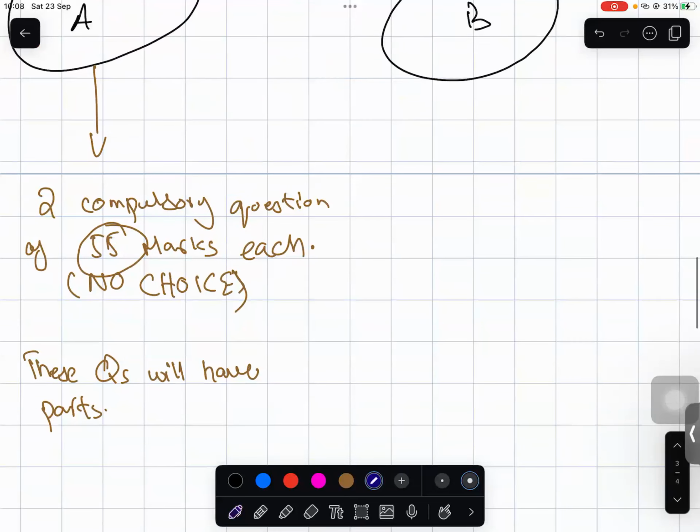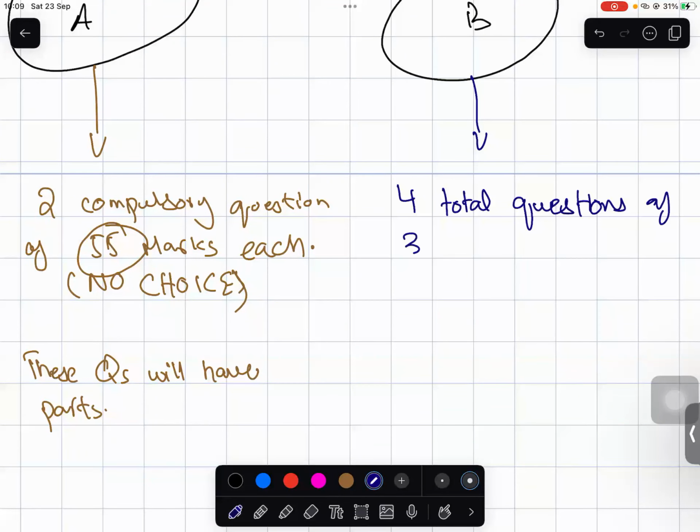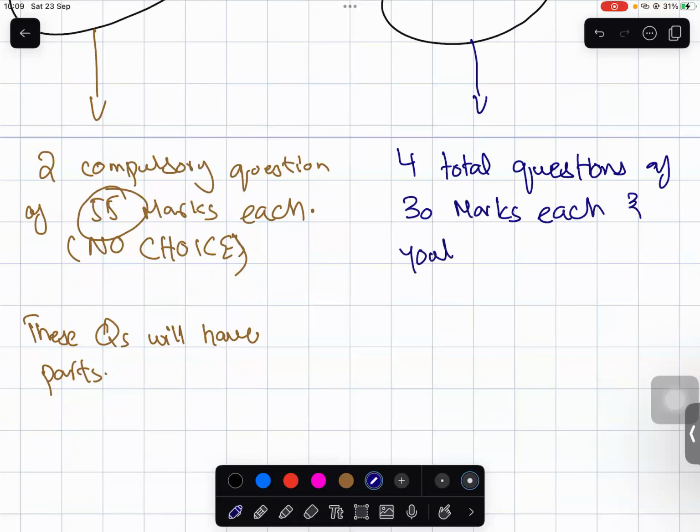And when it comes to section B, you will get 4 total questions of 30 marks each. And you'll have to attempt any 3.